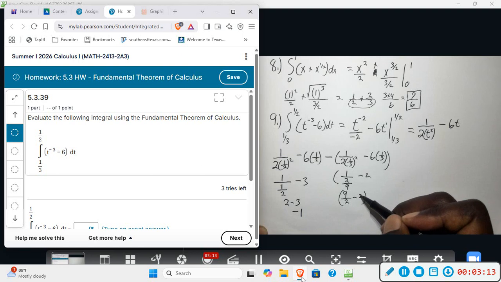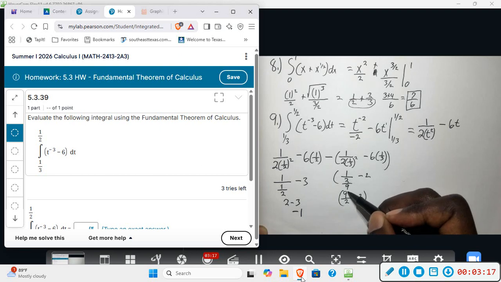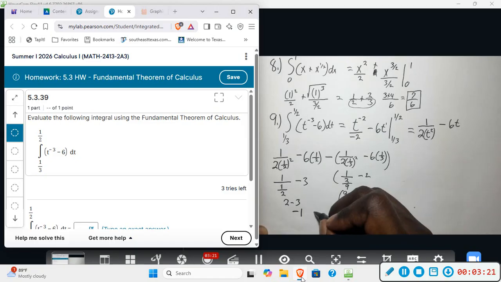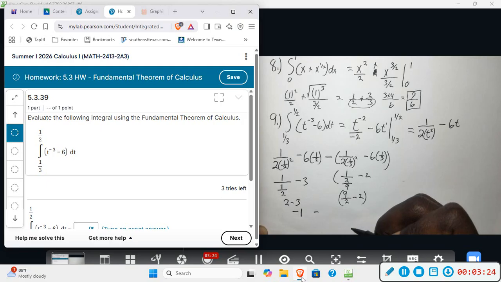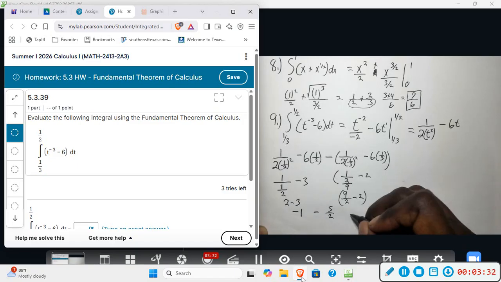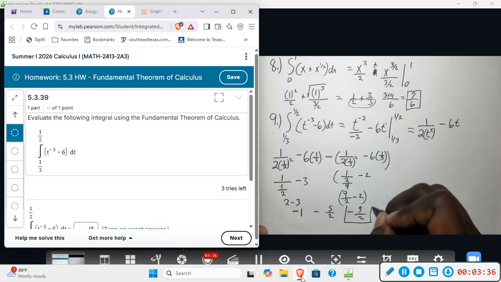And then common denominator, so this will be 4/2. And then 9 minus 4 will give me 5/2. So I'm looking at a minus 5/2. And then 2/2, this will give me a -7/2 when we do that math.